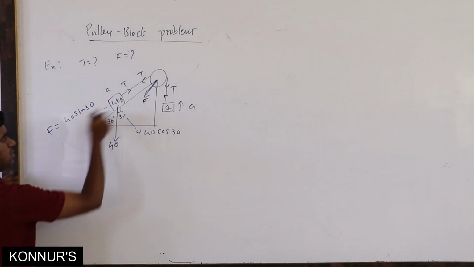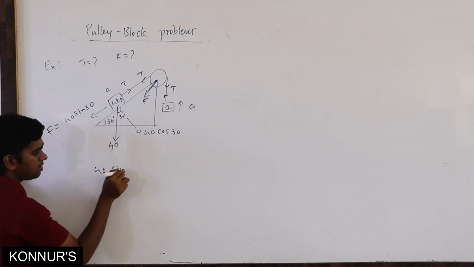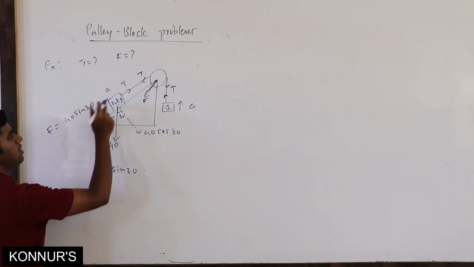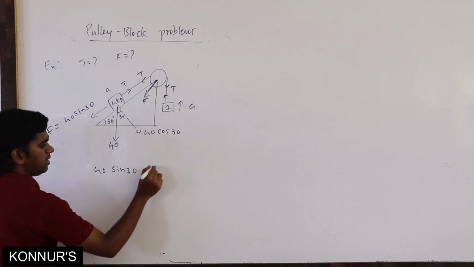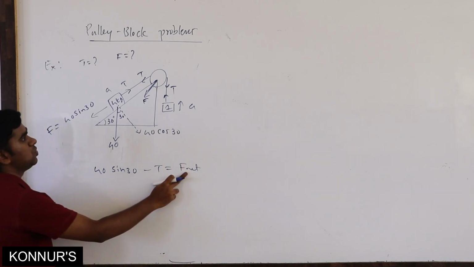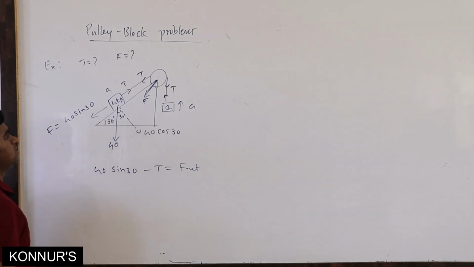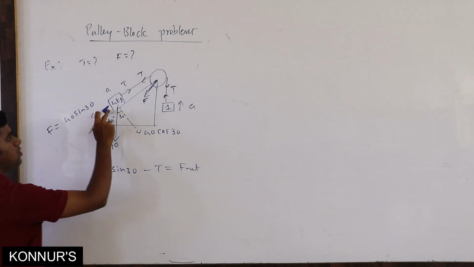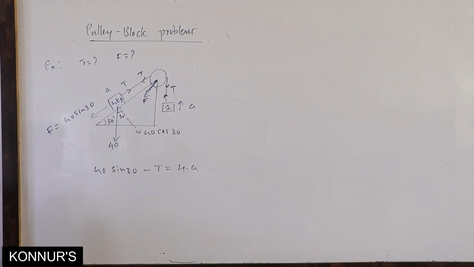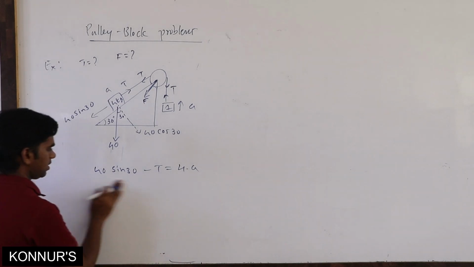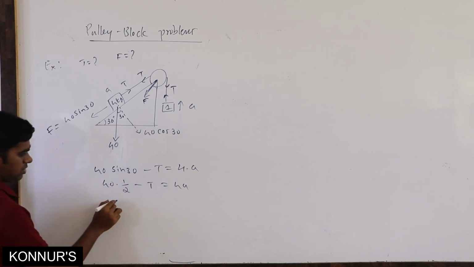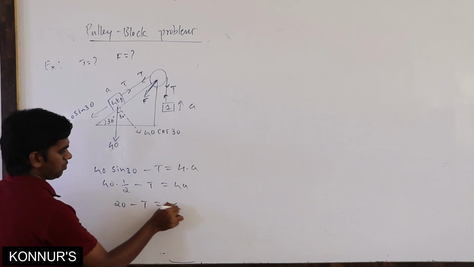Net force in this direction is 40 sin 30, opposite direction minus T, equals F net. What is F net? F net is mass into acceleration. Mass is going to be 4. Acceleration you can take as A. So 40 sin 30 is 1 by 2, minus T equals 4A. So this will become 20 minus T equals 4A.